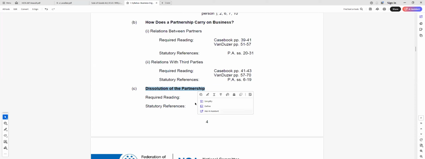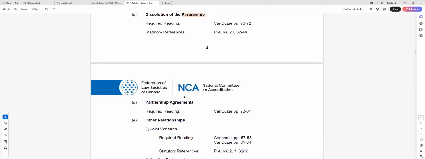Whereas in a partnership this doesn't happen. In a partnership, unless they have mentioned it explicitly in the partnership agreement, if they have not mentioned it specifically, it will dissolve upon the death of a partner or if anybody wants to withdraw. So that is also about the dissolution of partnership.